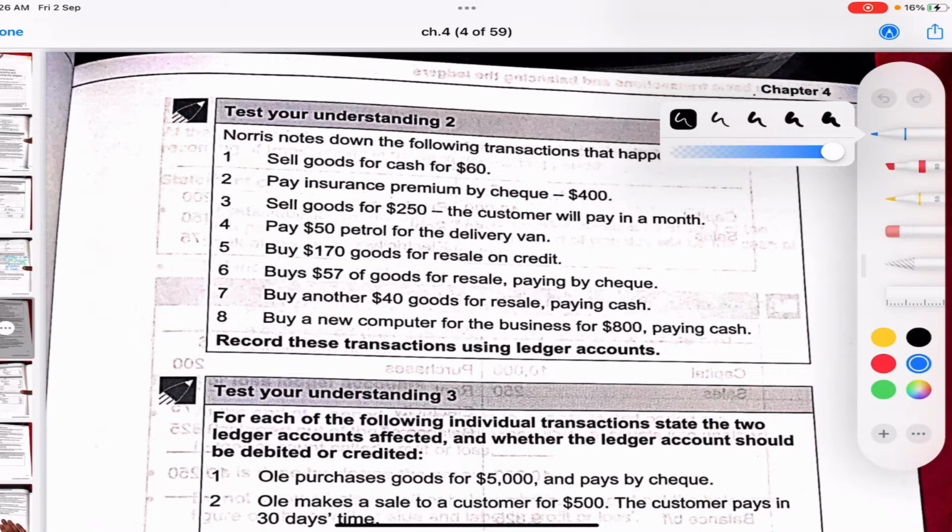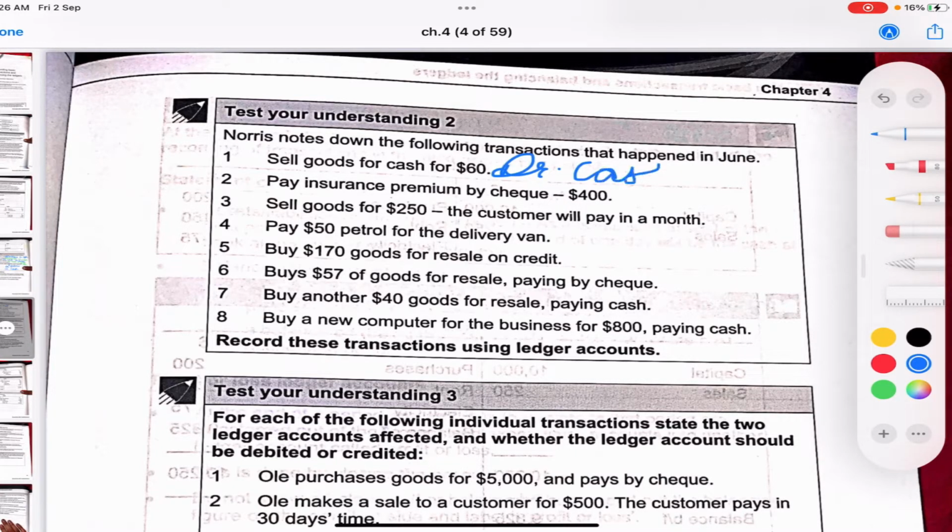Sells goods for cash. So cash gets debited and sales get credited. Pay insurance premium by check. Insurance premium gets paid by check.